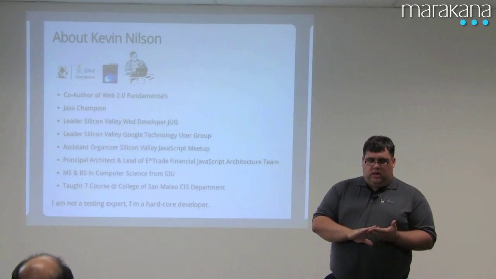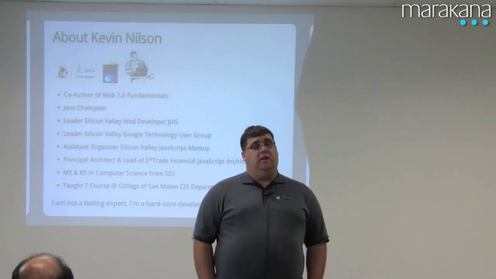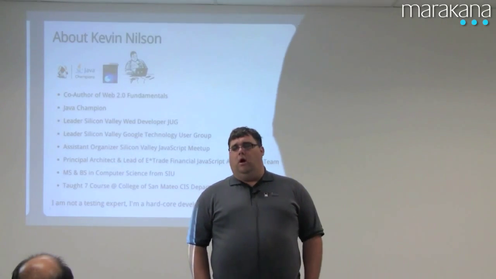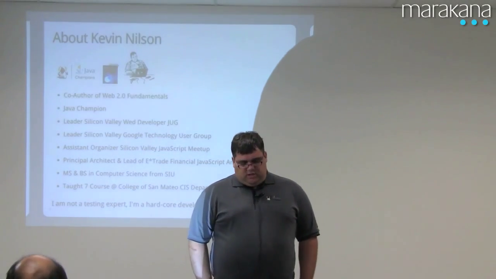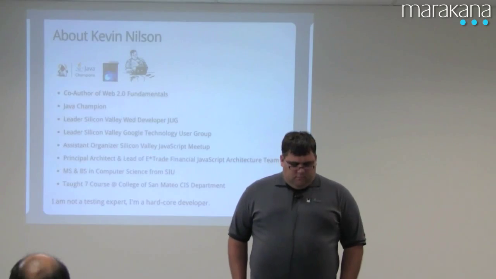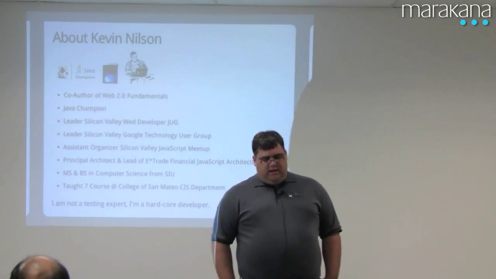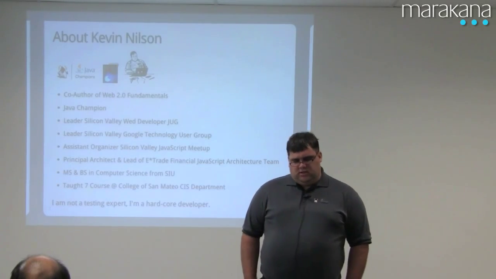I'm a principal architect, and I lead the JavaScript team in architecture at E-Trade. I also run a messaging team, AMQP, JMS, that kind of stuff, and the offshore team there as well. I have a master's and bachelor's in computer science, and I've taught 7 college courses at College of San Mateo.